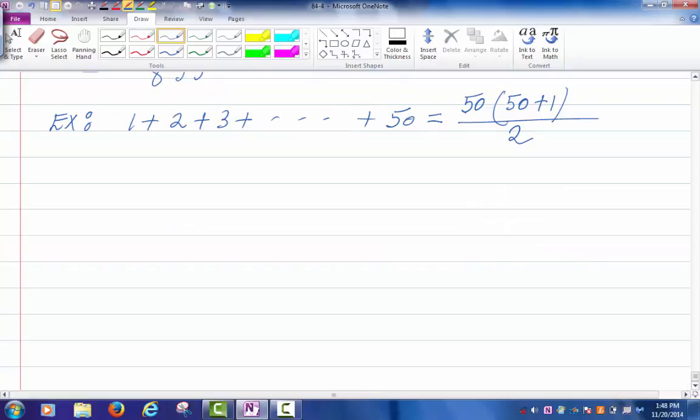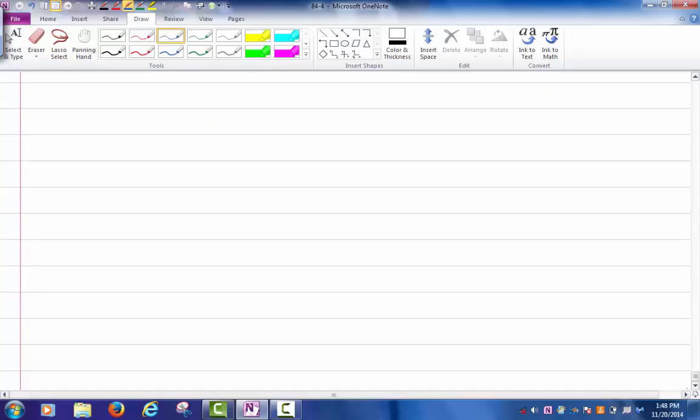What I want to look at next is the concept of partition of a closed bounded interval. So we are going to speak about partitions now.